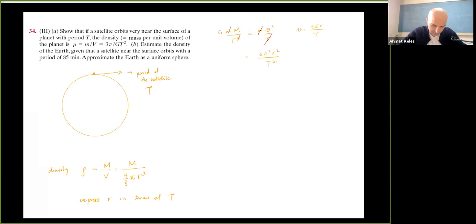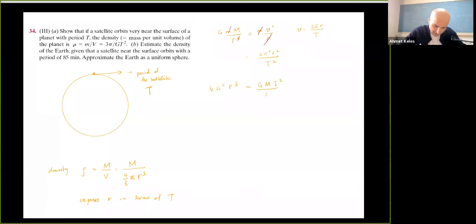Then I look at this and I collect R here, R squared here, I collect R cubed. Actually, I want to do it this way. To do a little less calculation, I can take R to here. So that will be 4 pi squared R cubed is equal to GM T squared.